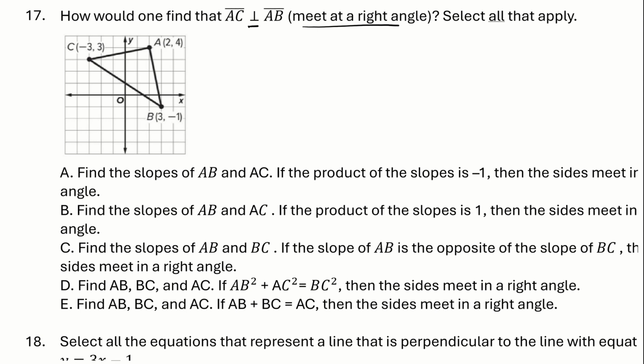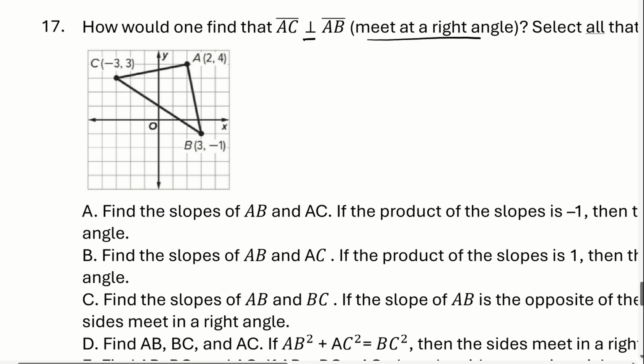All right, so we want to find that this is perpendicular to this. So we want to show that that's a right angle. How do we show that that's perpendicular? Well, one way to do that is to notice that these are two lines, and remember that if you have a line with a slope, let's just do a quick example. If one of the slopes is 2/3, then the other slope has to be -3/2.